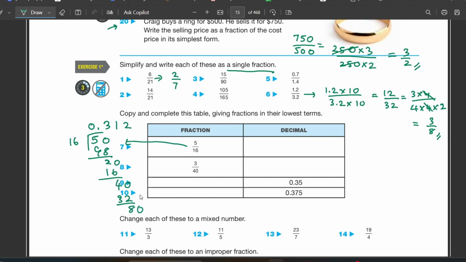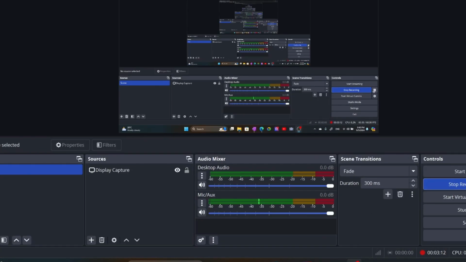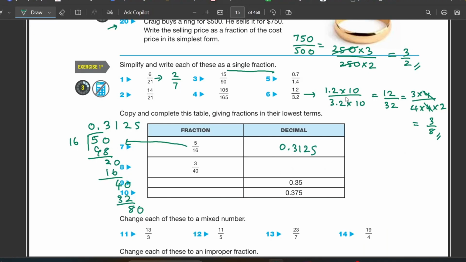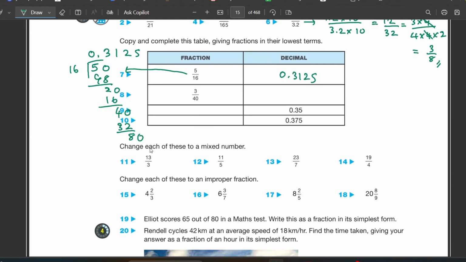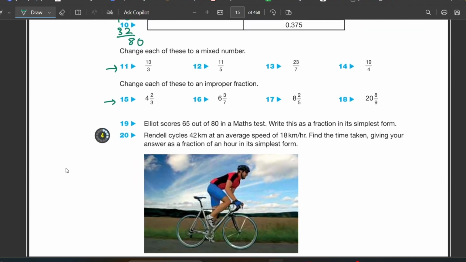So we get 80 contains 5. So this one results in 0.3125. You can try those yourself and check the answer with the calculator. These are also similar. You can try those questions yourself.